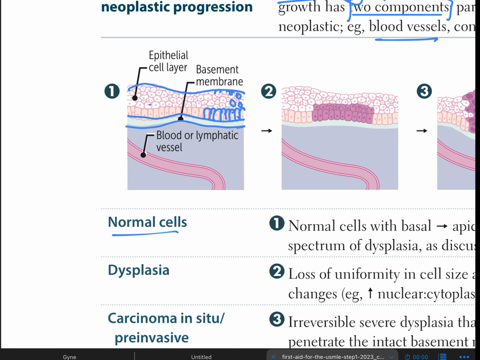The nucleus has a normal size, and the cytoplasm has a normal size. These are the basic things a normal cell and a normal tissue have: a normal basement membrane, a good sequence, discipline, and a normal size of nucleus and cytoplasm, meaning a normal nucleocytoplasmic connection.